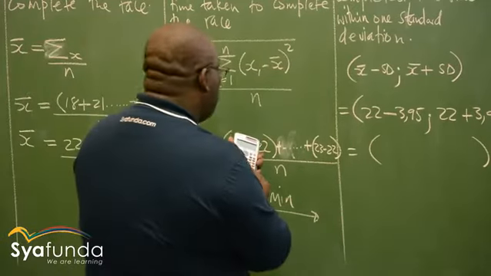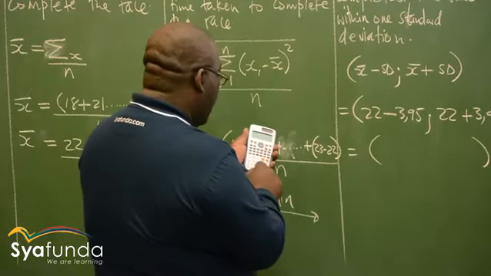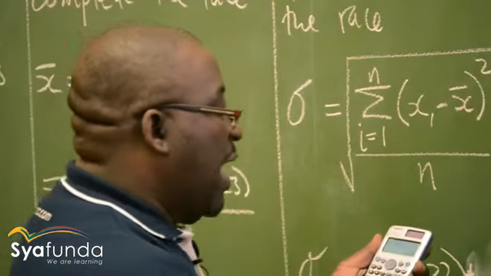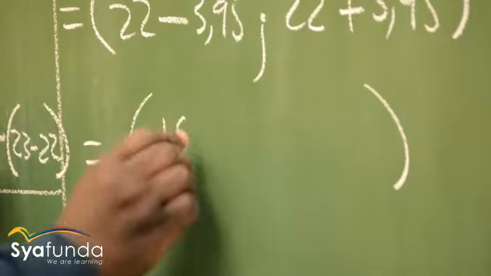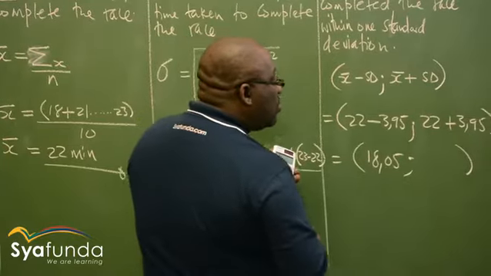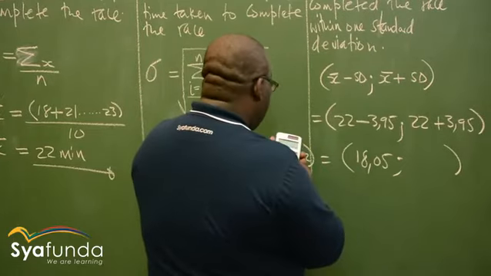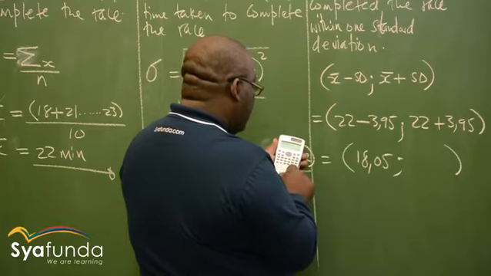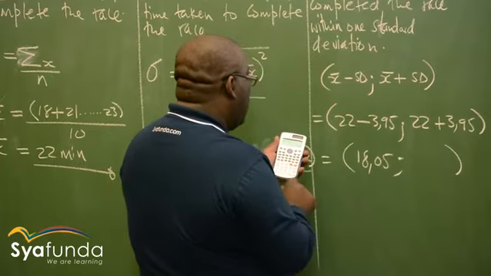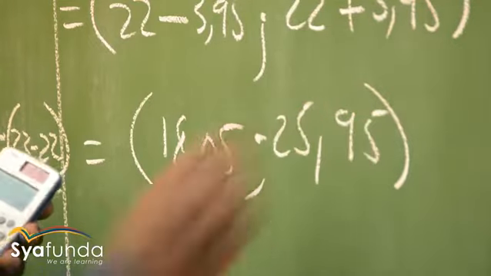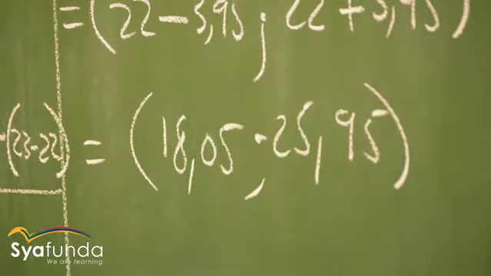We've got 22 minus 3,95, which equals 18,05. Then 22 plus 3,95, you just go to your calculator, and it will give you 25,95.